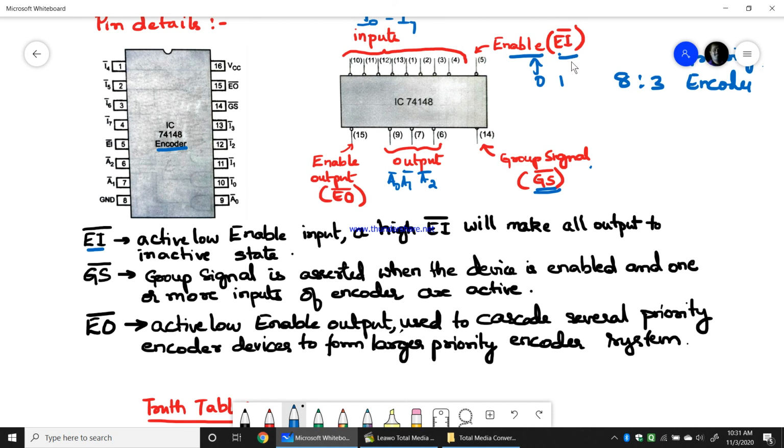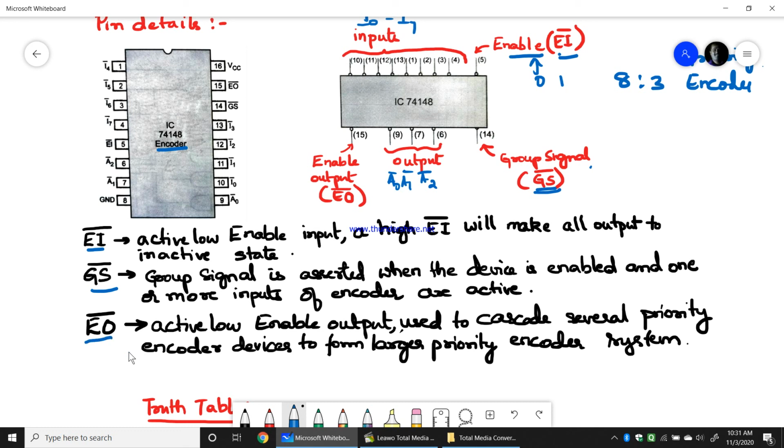Coming to group signal, the output line we have: this will be asserted when the device is enabled and one or more inputs of the encoder are active. So it gives a green signal based on the inputs' activation. If one or more of the inputs from I0 to I7 are active, then group signal will give an indication saying any one of these inputs is active.